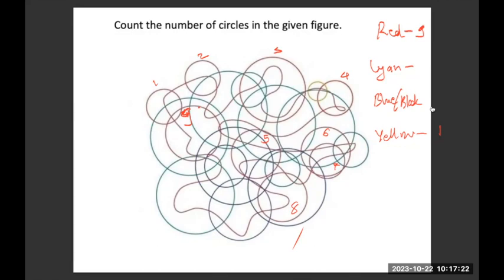So the cyan ones. 1, 2, 3, 4, 5, 6, 7. Ma'am, I think you missed one between 1 and 2.